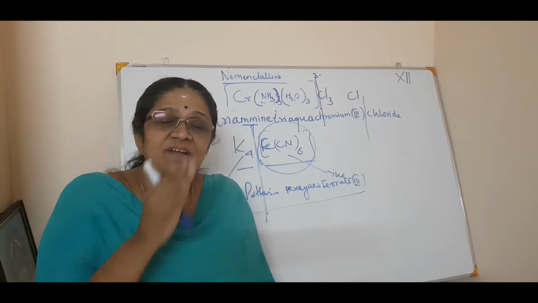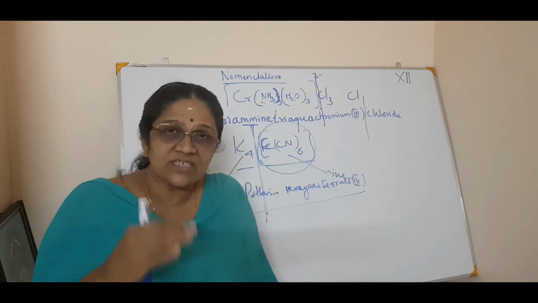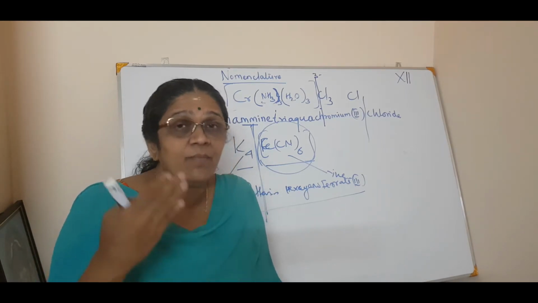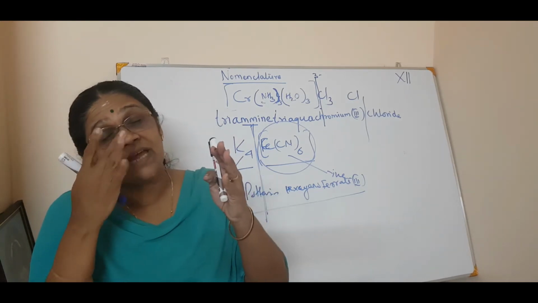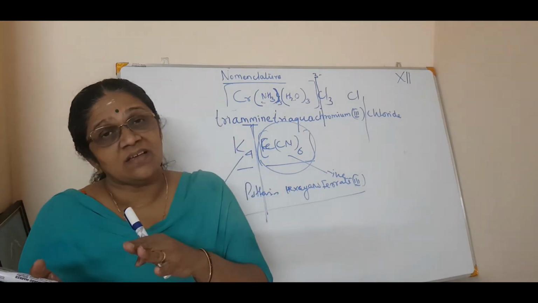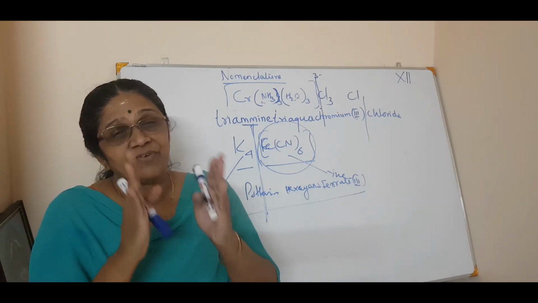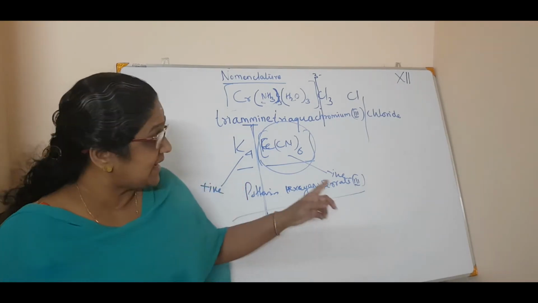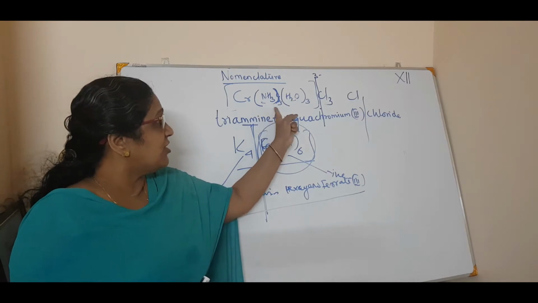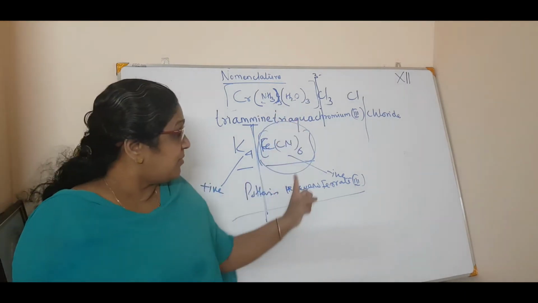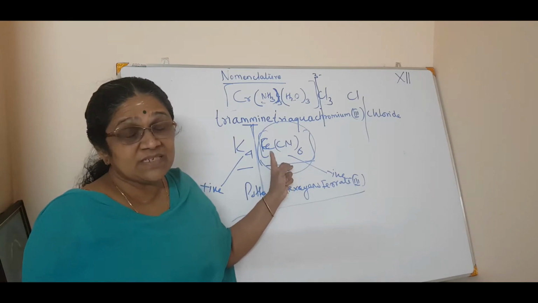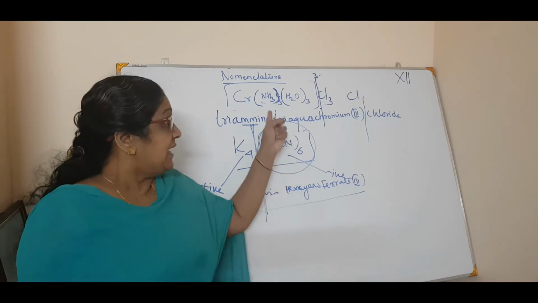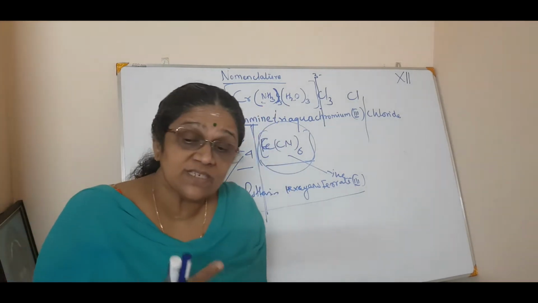First you will name the positive entity, and then the negative. Whether the coordination entity is minus or plus, whatever is written first is the positive. In one example the coordination entity is a positive entity, but in the other it is the negative entity. Clear? Here the metal atom comes in the negative entity; there the metal atom comes in the positive entity.